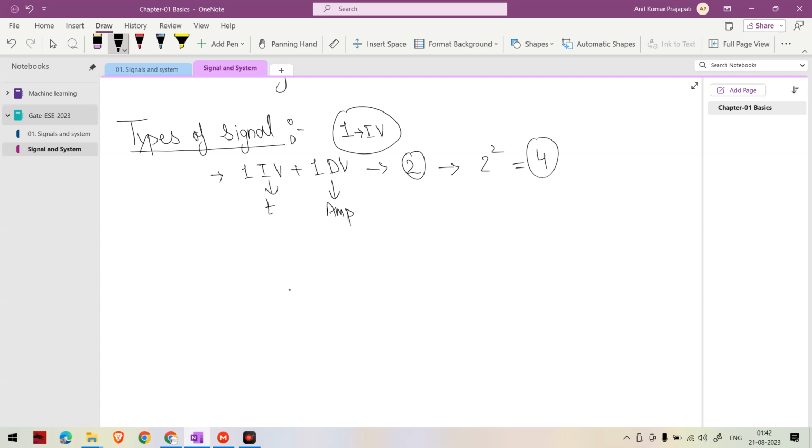For a quick summary, I will make a table, and then we will study each type of signal in detail. For example, one variable is amplitude, and the other variable is time, and then we will define the type of the signal.